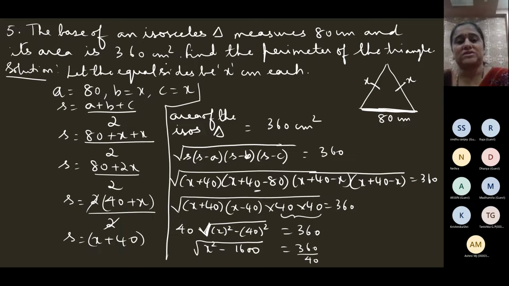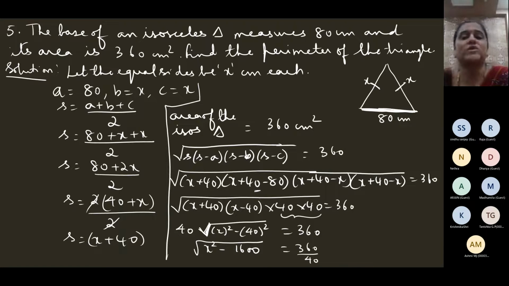The area is 360. So with the given information and area, you will have to find the perimeter. You only know the three sides: base is 80, and the two equal sides we don't know, so we call them x. So we have the three sides, x, x, and 80.